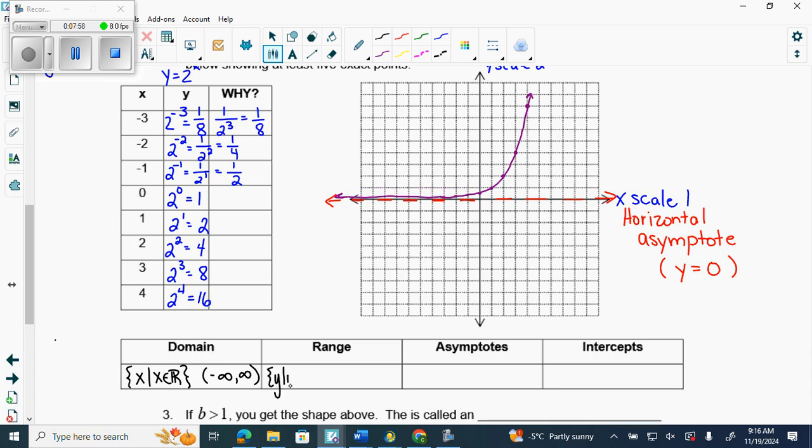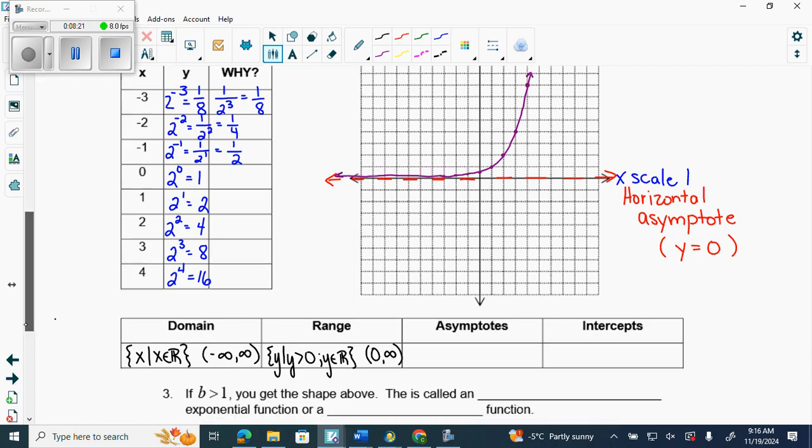Range. y such that y is what? Greater than 0. It can't be equal to, because at 0 is the asymptote. Can we equal an asymptote? An asymptote's where the graph can't be. So it's y is greater than 0, or round bracket 0 to infinity.